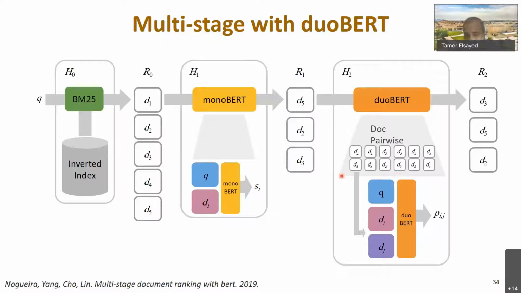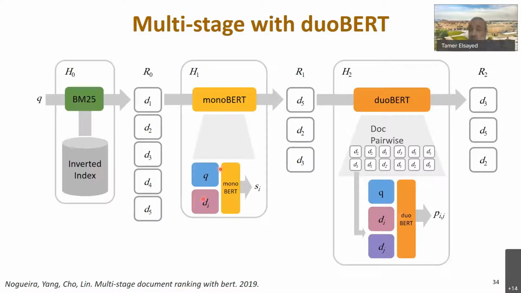If you notice in that figure, monoBERT takes as input a query and one document. duoBERT takes a query and a pair of documents. That's why it's called duo, not because we use two BERT models, but because it takes two documents.